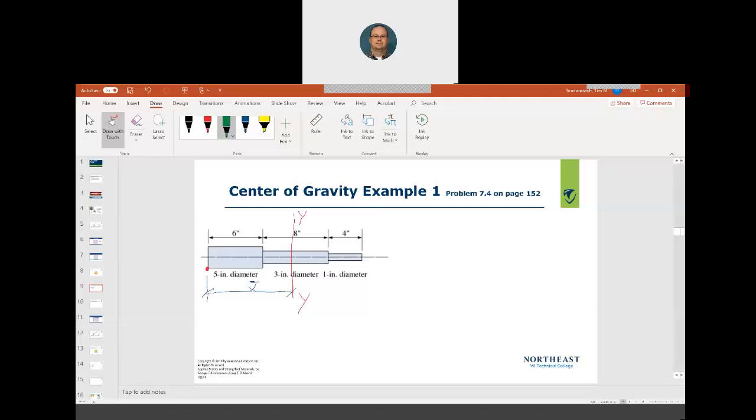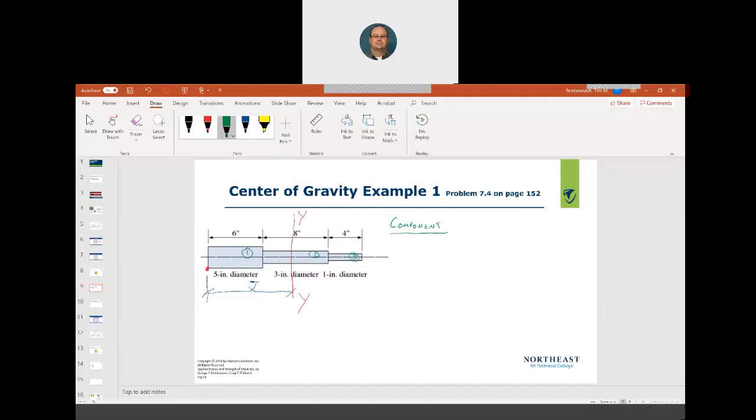So I'm going to make a little spreadsheet here, a component table. We're going to call this component 1, component 2, component 3.